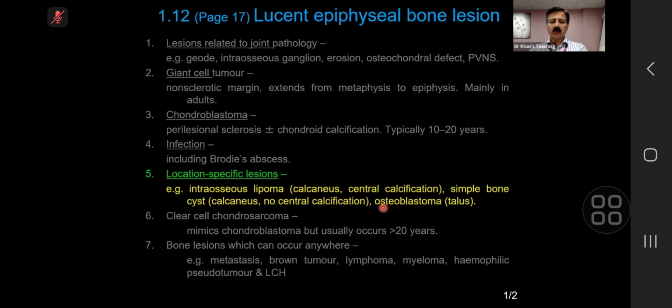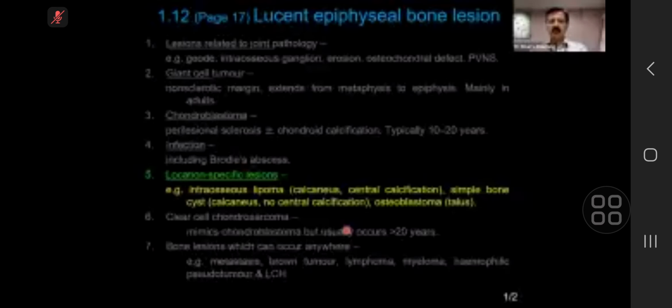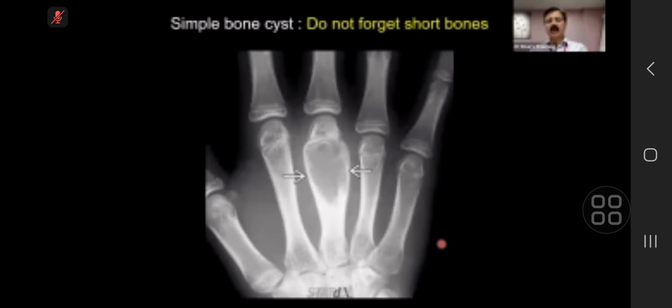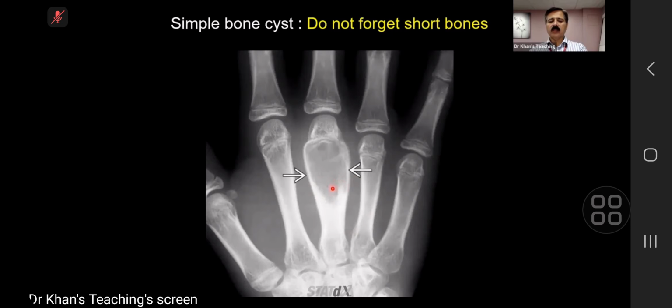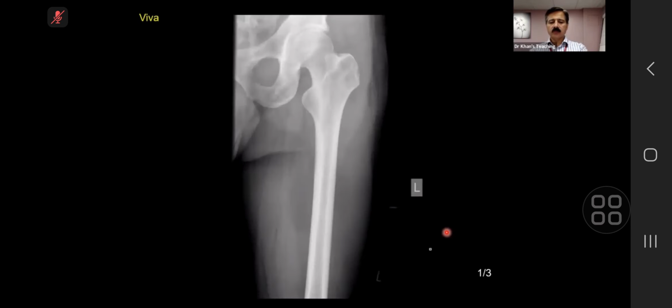Intraosseous lipoma, calcaneum; simple bone cyst, calcaneum; osteoblastoma, talus. All of these are exam cases. And again, my emphasis: do not forget the same pathologies in the short bones. And this one is quite bubbly, but it ultimately proved to be a simple bone cyst.